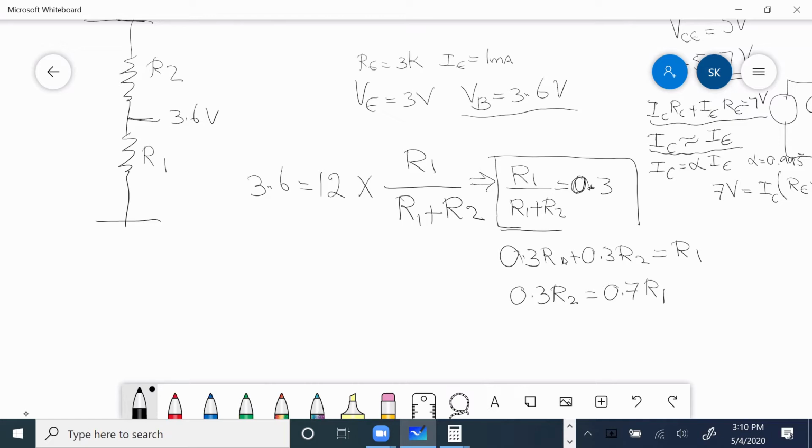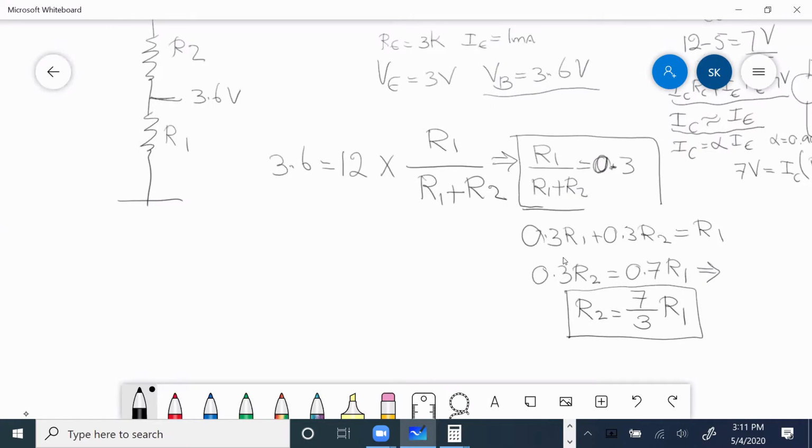From here we can say R2 is 7 over 3 R1. How about that? That's one relationship between R1 and R2.